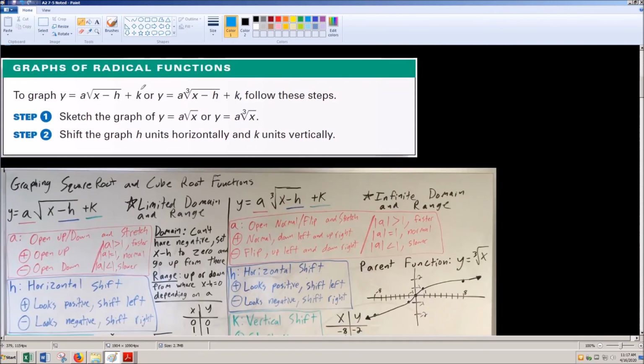So again, looking at these graphs, we want to stick with this for my square root, this for my cube root. Now, in terms of steps that they define, they're saying sketch the initial graph with the stretch and then shift either horizontally or vertically depending on what you have for h and k values.